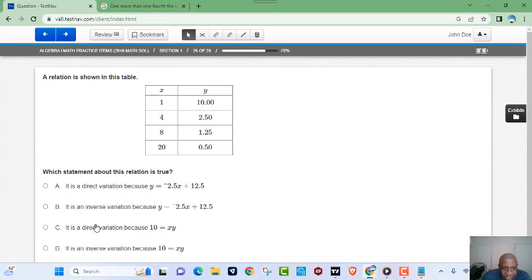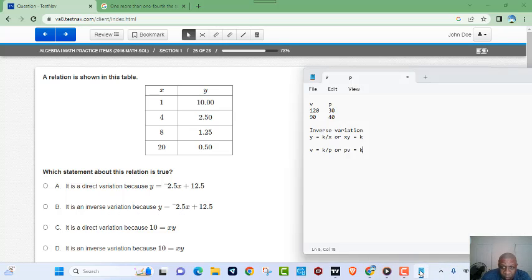So it's got to be either B or D because they both say inverse. It can't be direct, it's inverse. And then it can't be B. Why can it not be B? Remember when I mentioned that inverse variation is either y equals k over x or xy equals k. Here's an xy equals k, our k of 10.